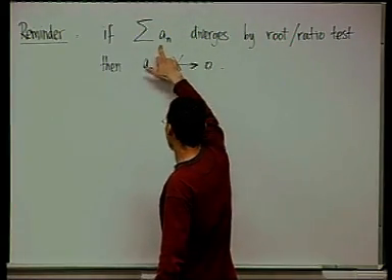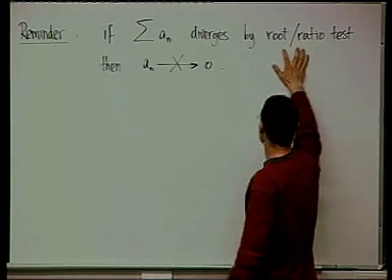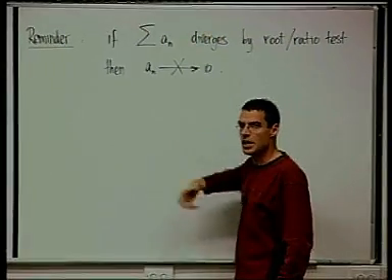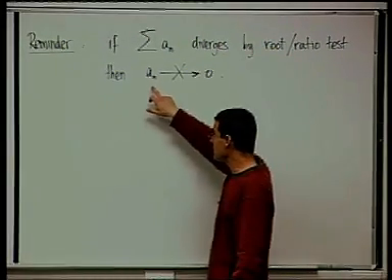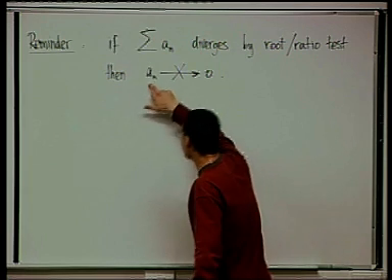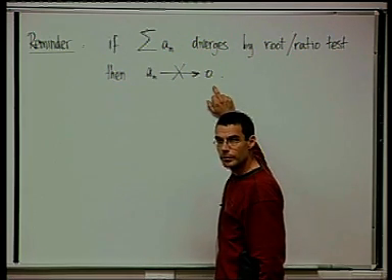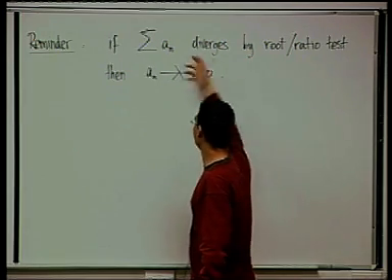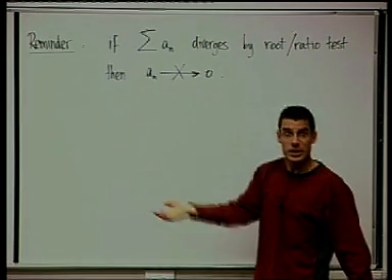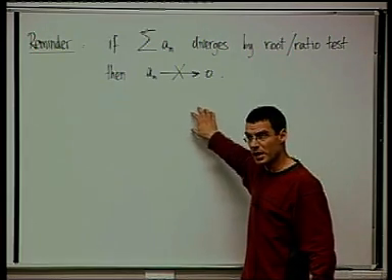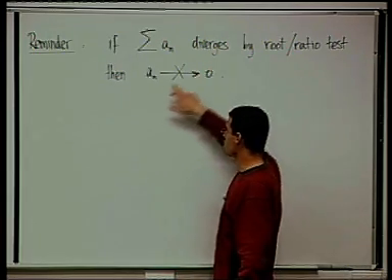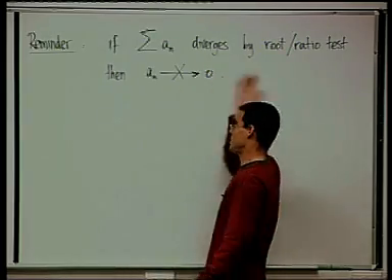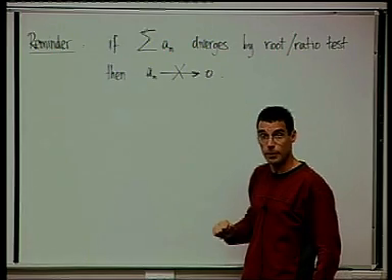If a positive series diverges by the root or by the ratio test, the root and the ratio test in divergence can only pick up series where the sequence doesn't even go to 0. Remember we said that? Okay, so they're weak in picking up diverging series, and we showed it on examples even. Whenever they picked up something diverging, it was really diverging for the most fundamental reason that the sequence doesn't even go to 0.